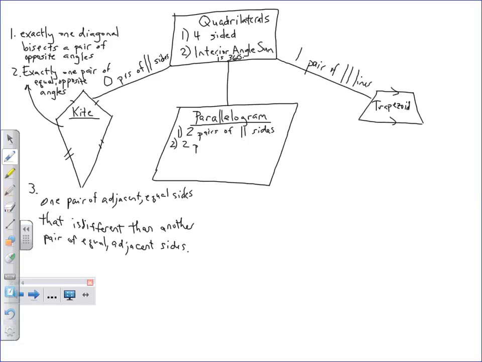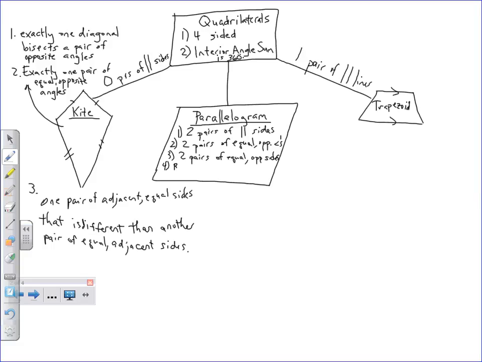It has 2 pairs of equal opposite angles. It has 2 pairs of equal opposite sides. So those are the three that go together, the two-pair group. And then there's two more.